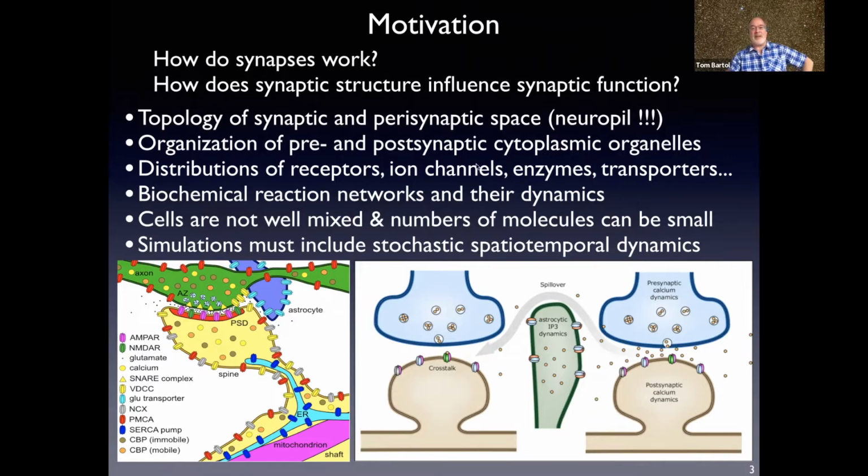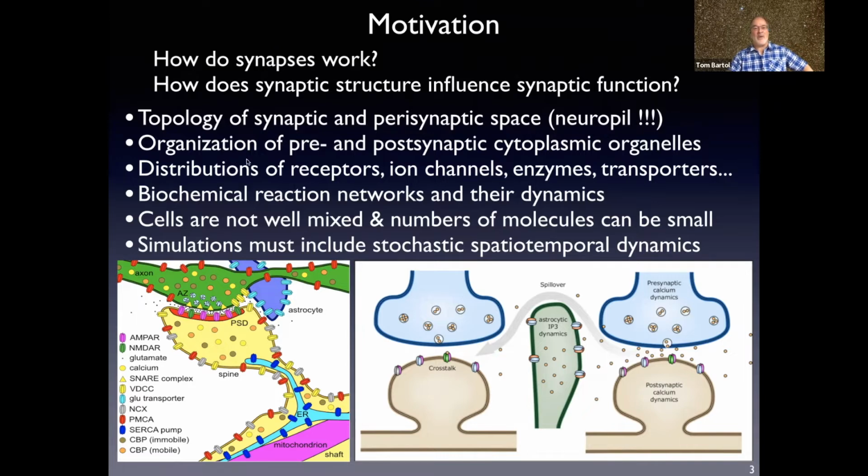Especially complex in this are not just the reaction pathways, which are of course extraordinarily complex, but the 3D space in which synapses exist in the brain, a space called neuropil. And I put 3 exclamation points after this because the word neuropil strikes fear. It's such a crazy space, the extracellular space. So we need to be able to model that.